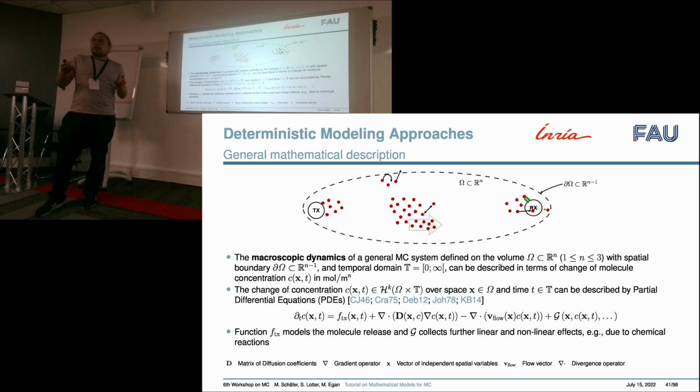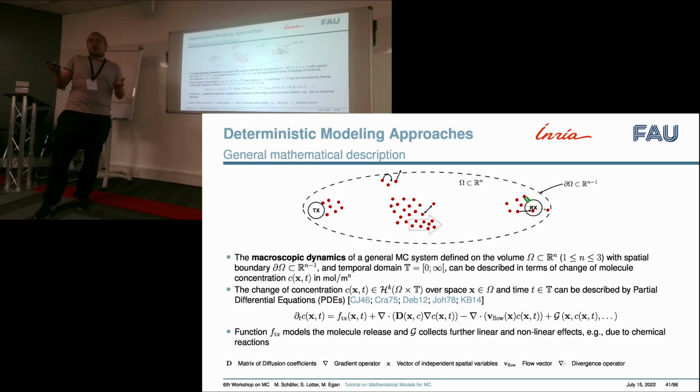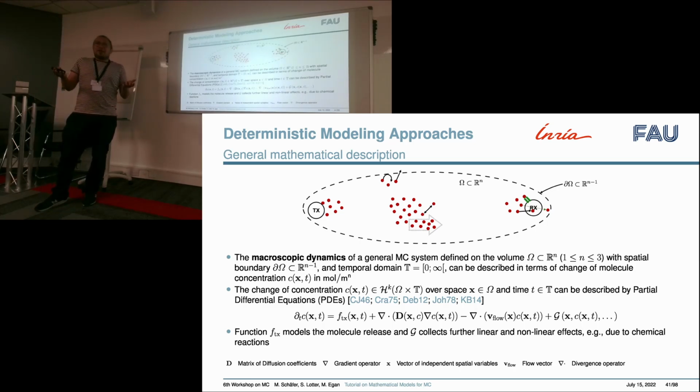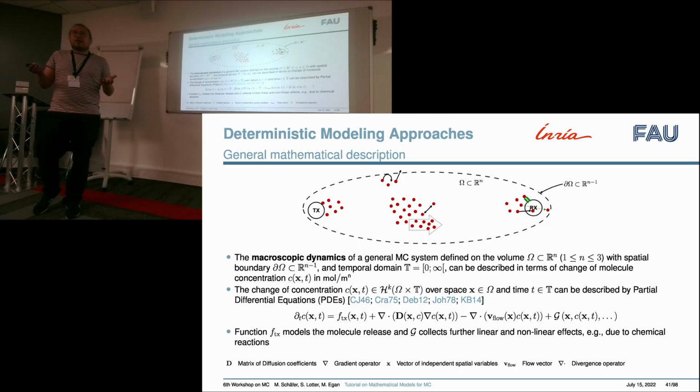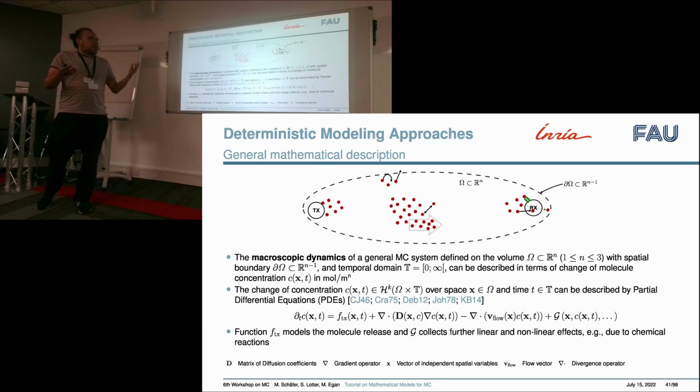And this flow might include plug flow, turbulent flow, and something which is also very relevant, laminar flow. So already Nunzio addressed this in his talk, how the flow behaves in different regimes. And then we might also add a third term, which is just collecting everything I haven't mentioned before, like drag forces or some chemical reactions. So this is just some arbitrary function here, which may be replaced by some chemical reaction or additional forces.